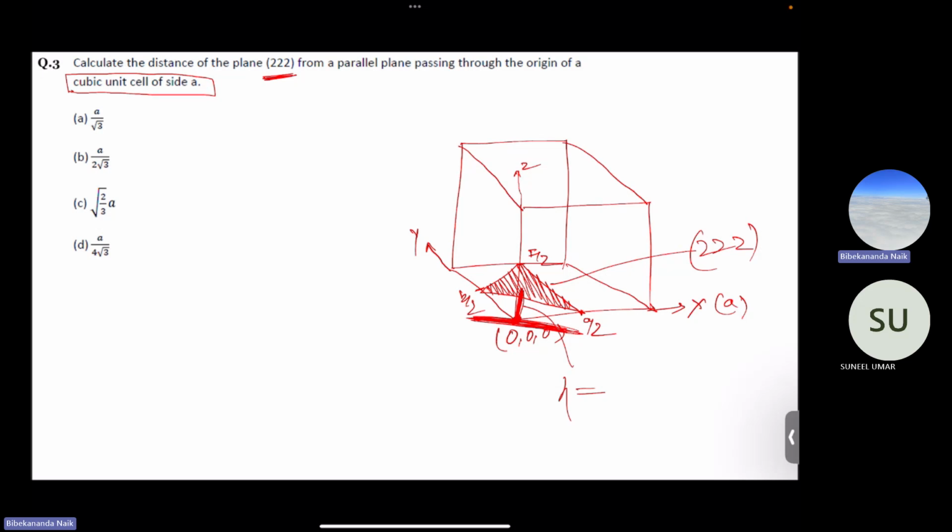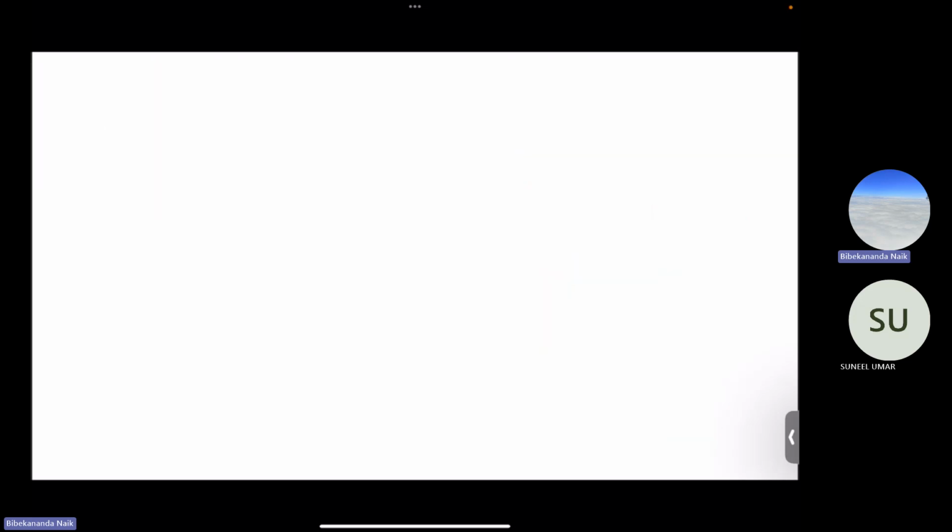The length of this normal, starting from the origin to this plane having the Miller indices 2, 2, 2, is nothing but the interplanar spacing d of the plane which has Miller indices 2, 2, 2. From the formula, the interplanar spacing of a set of parallel planes with Miller indices h, k, l in a cubic system is given by a over the square root of h square plus k square plus l square.